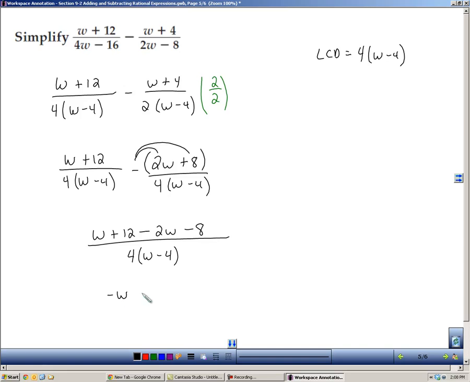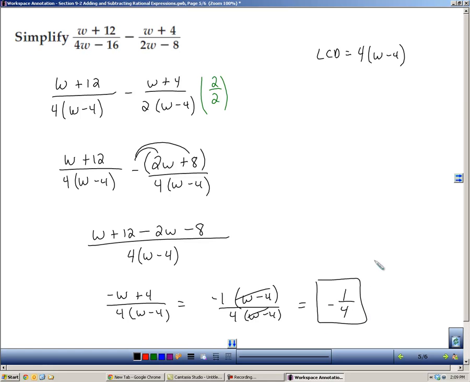Simplifying on the top, negative w plus 4. And now, if you recognize, I could take a negative 1 out of that top one and make it positive w minus 4, which will cancel with the w minus 4 that I have on the bottom, leaving me a final simplified solution of negative 1 over 4.